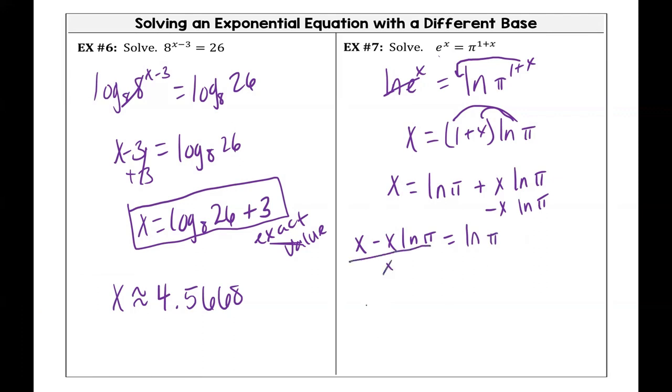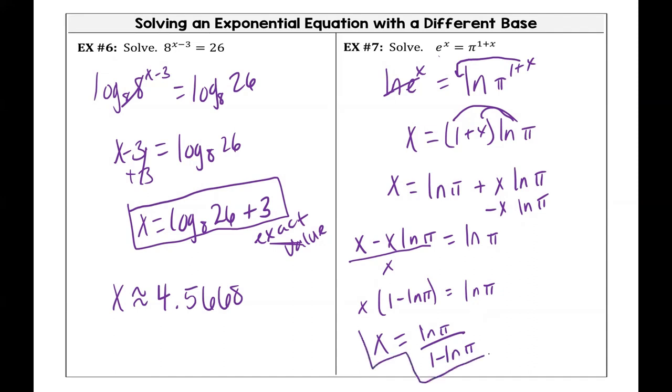When I factor out x, I'm left with x times 1 minus natural log of pi equals natural log of pi. So therefore, x equals the natural log of pi divided by 1 minus the natural log of pi. This again is my exact answer, if I was on a non-calculator side.